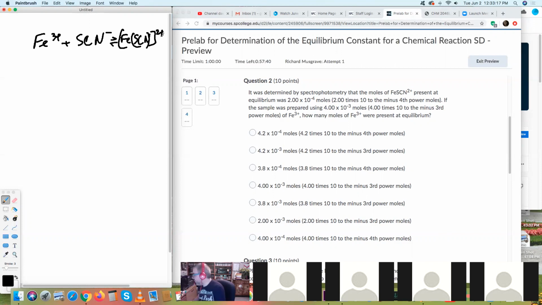I think that's right. So if we know the number of moles, it says that moles of this present at equilibrium were 2.00 times 10 to the negative 4. And we used 4.00 times 10 to the negative 3 moles of Fe3+ to prepare it.